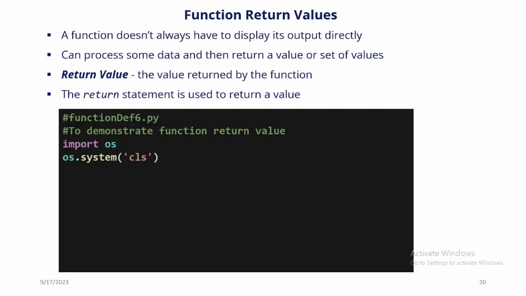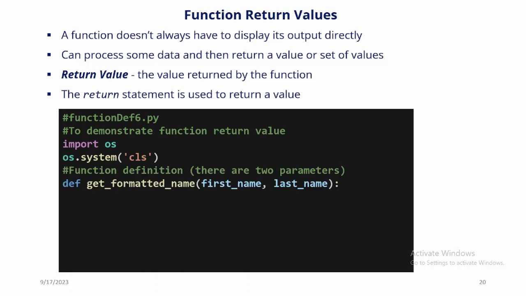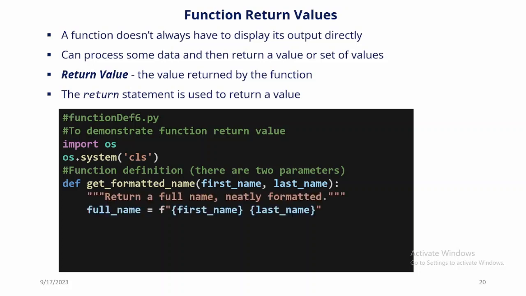So let's look at a function def6. We create a function get formatted name, first name, last name. What it does is just return a full name, putting the two names together, and returns a variable called full name.title.